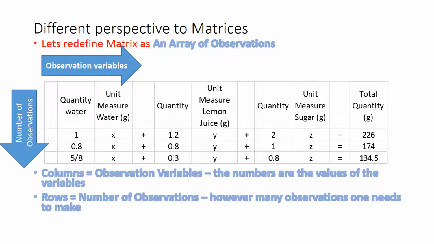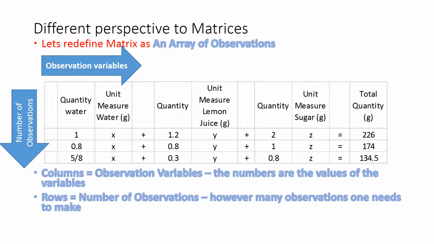Okay, so the observation variables go on the columns from left to right, and in each row a different observation is made. Let's see how we can fix this for making a lemonade. The total quantity is shown as the sum of three unit measures.